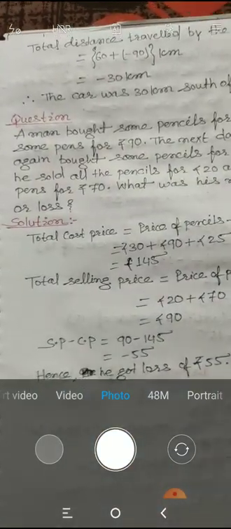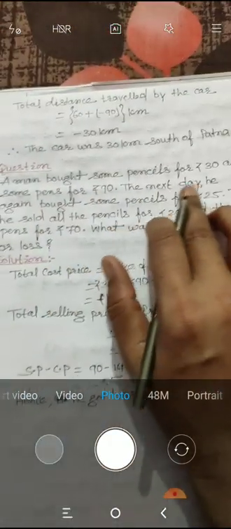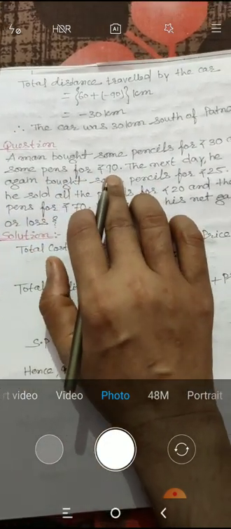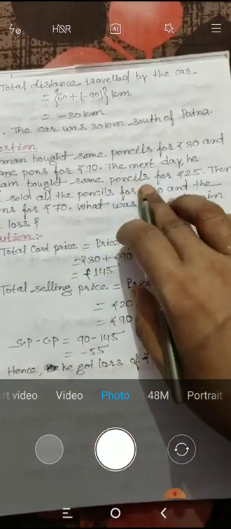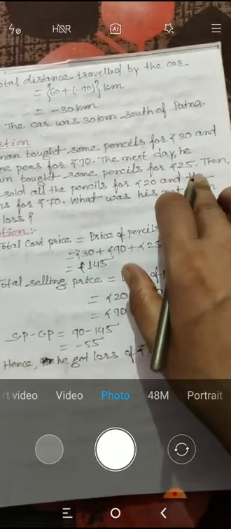Now one more problem I have taken. A man bought some pencils for 30 rupees and some pens for 90 rupees. The next day he again bought some pencils for 25 rupees.